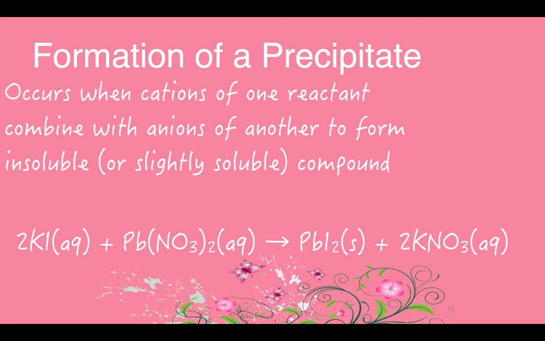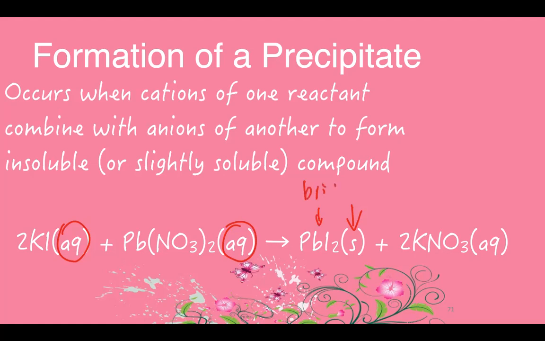So a precipitate happens when you have 2 solutions, which you can see here, both aqueous. 2 solutions that when you mix them together, they form something that cannot dissolve in water. And it's really cool to see because you have what look like 2 liquids, and when you mix them, it's like magic, like a solid forms. Some of them, like lead iodide, have a color.